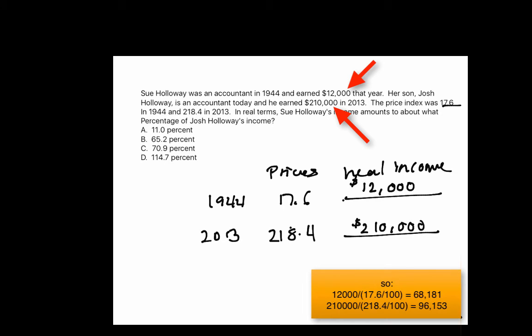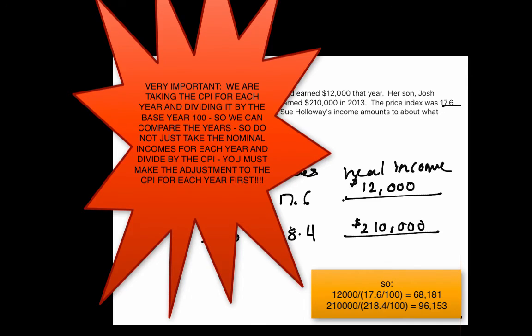And in both cases I'm going to divide it by the rate that prices change from the base year, in which case the price level is always 100, just by default. That's how it's defined to be.